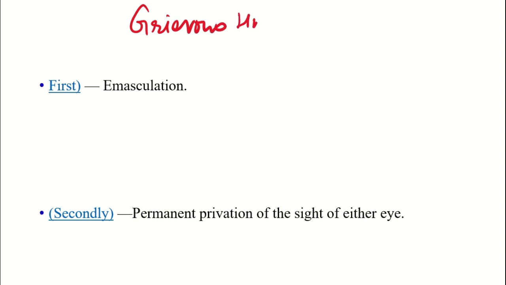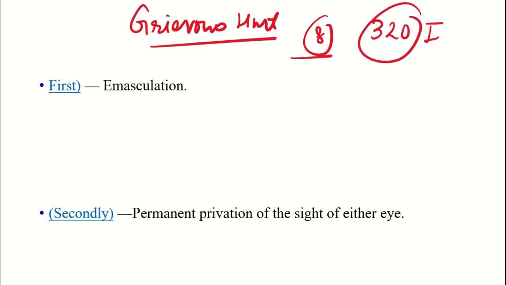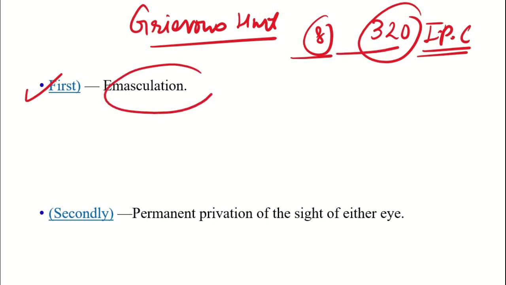Now one more term that is known as grievous hurt. It has 8 clauses. We'll discuss a total of 8 clauses from 1st to 8th, and this is defined under section 320 of the Indian Penal Code. So the first clause of grievous hurt under section 320 is emasculation.